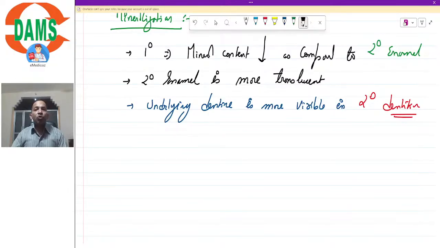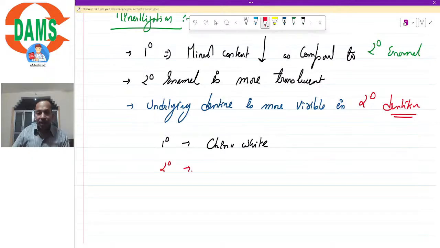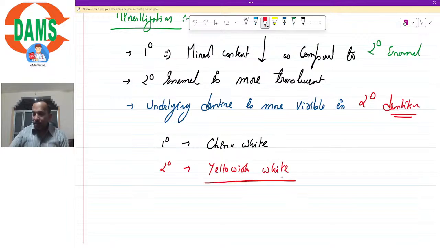So underlying dentin would not be as visible, and therefore the primary dentition would appear china white. Whereas in case of permanent teeth, the crown would appear yellowish white.